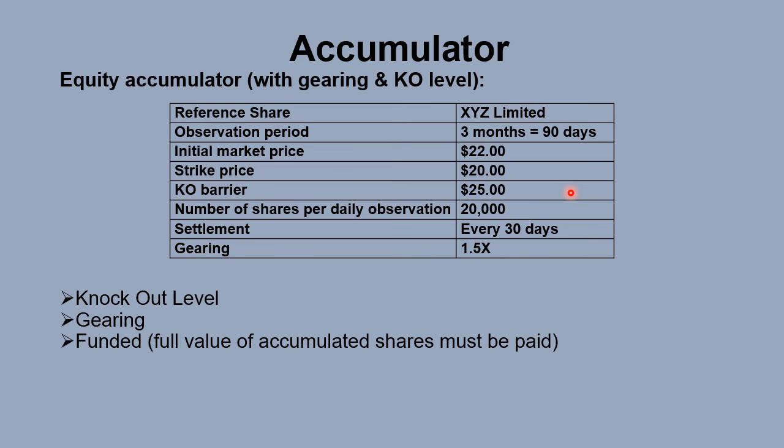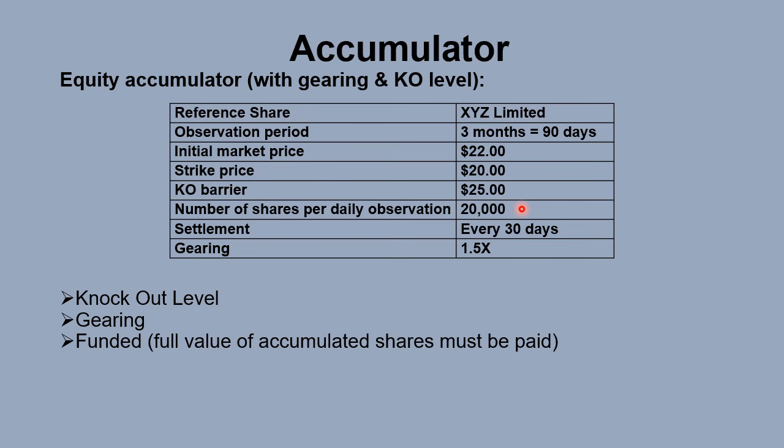The gearing is 1.5 times, which means that for each day the underlying price is above $20, the strike price, the investor will accumulate 20,000 shares. However, if the underlying price is at or below $20 on any day, the investor will accumulate 1.5 into 20,000, which is 30,000 shares on that particular day.